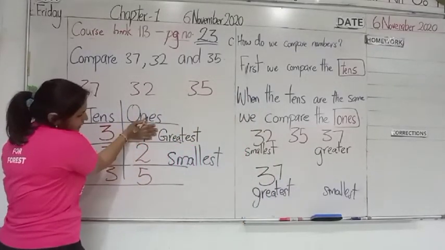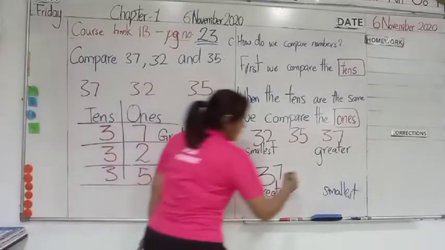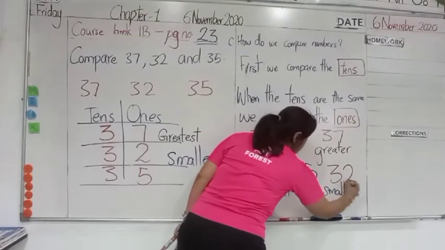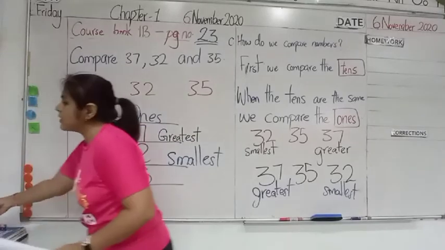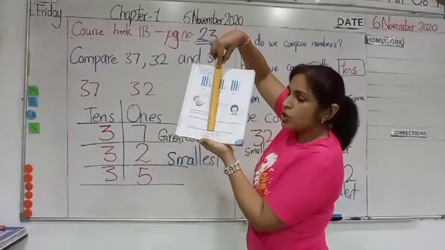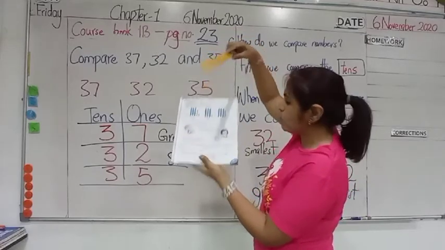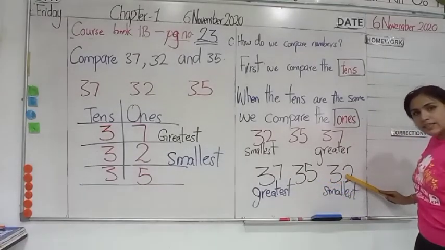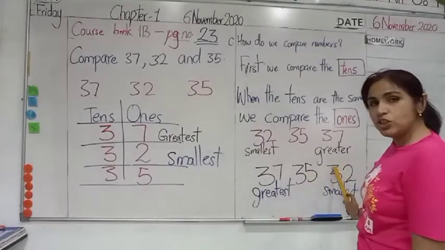Leave the 7 and focus on 5 and 2. Which is greater? 5. So 35, and the smallest is 32. At the bottom you have to write, arrange the numbers from the greatest to the smallest: 37, 35 and 32.